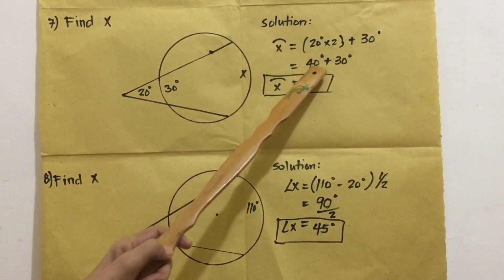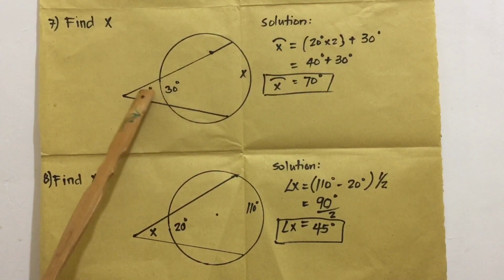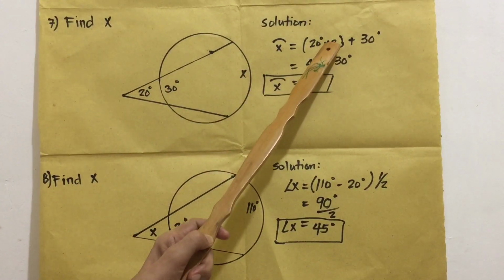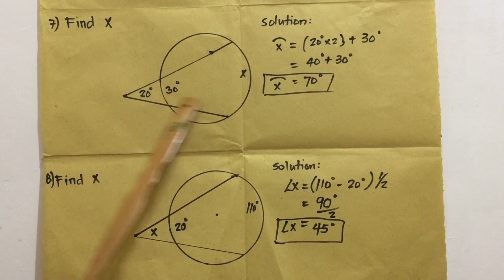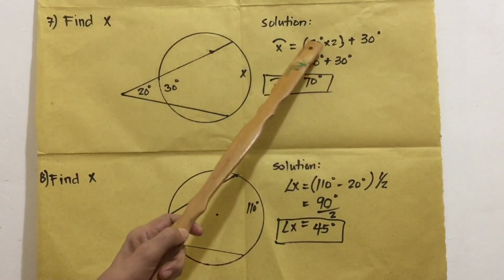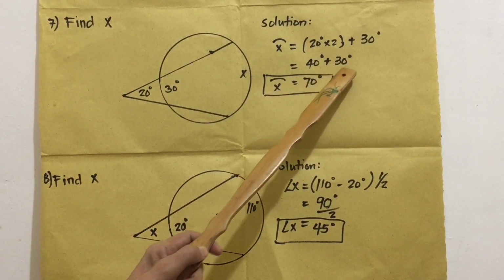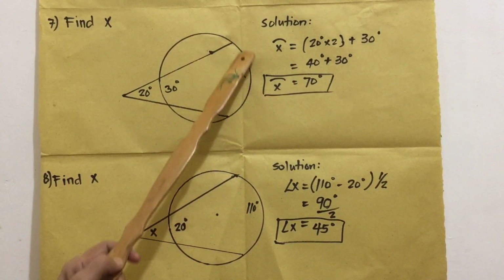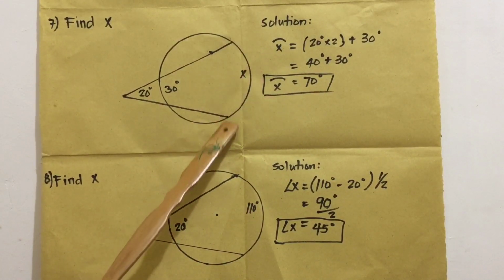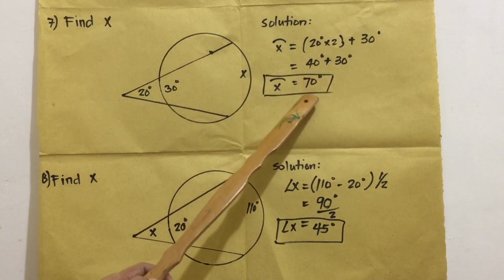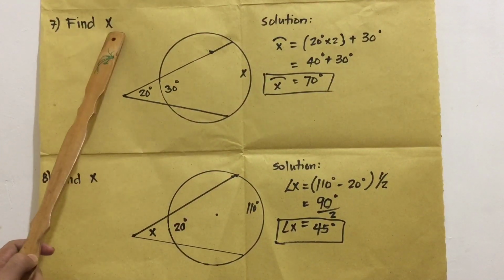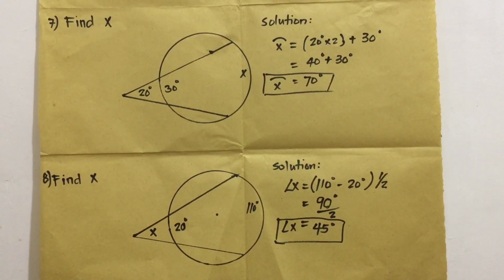Arc X is equal to, we have to multiply by 2 this angle, 20 times 2, then plus the minor arc 30 degrees. 20 times 2 equals 40 degrees plus 30 degrees. So this big arc here is equal to 70 degrees. Our answer for the X is 70 degrees.